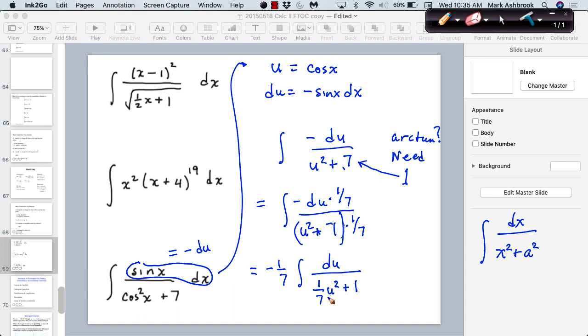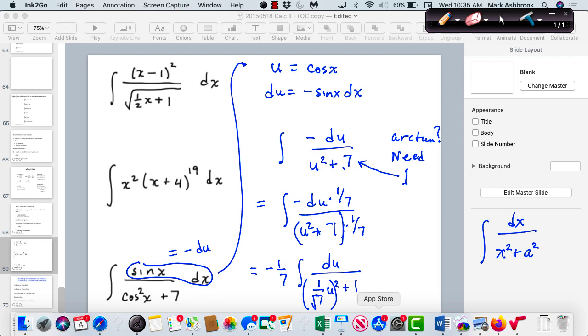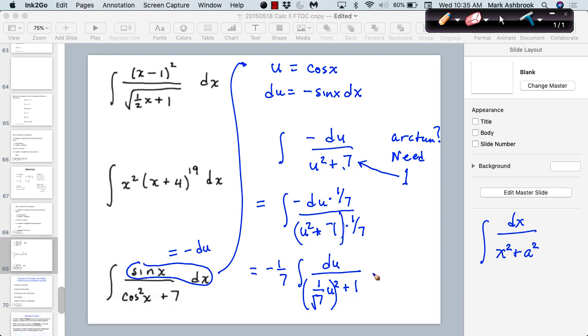Which is 1 over radical 7 all squared, right? But then by the chain rule, I'm going to need square root of 7 here. Does that fit your formula that you were going to do now?